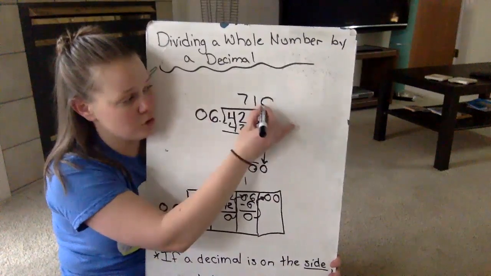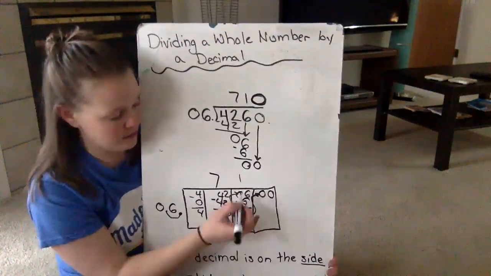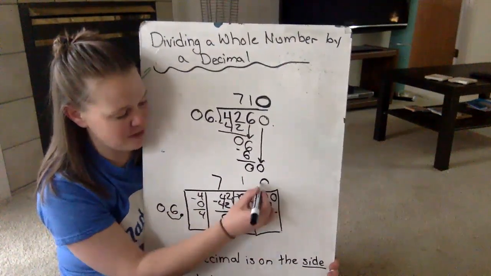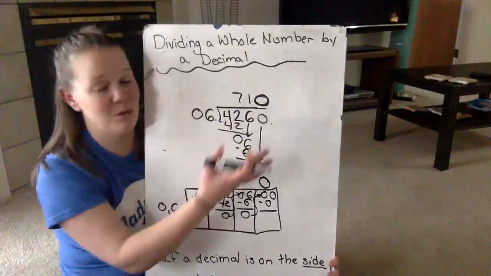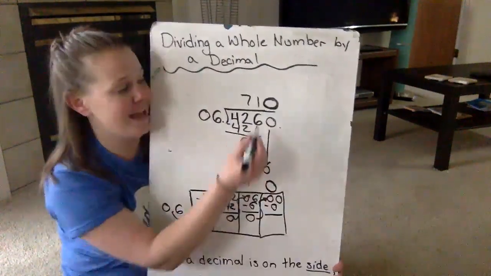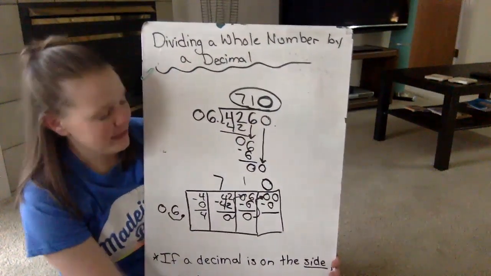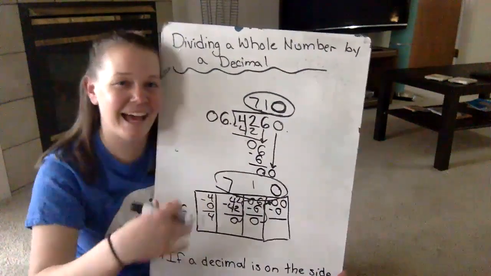A 0. Don't forget about that, just like when we were working with whole numbers, okay? If 6 cannot go into 0, you have to say it goes in 0 times. Big difference between 71, which is not our answer, and 710, which is the correct answer, okay? So in this case, when the decimal's on the side, slide, slide.